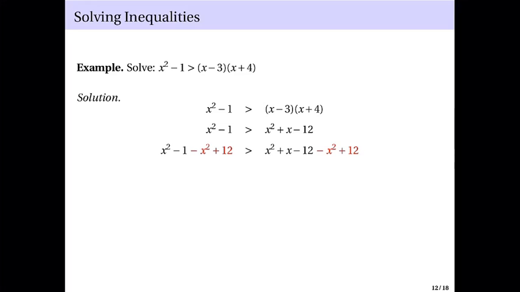This x squared will cancel the negative x squared here. And then we have here negative 1 plus 12. And in here, negative 12 will cancel the positive 12. So if we simplify, we will have on the left-hand side 11, and on the right-hand side, we just have x. So 11 greater than x. We write this as x less than 11.